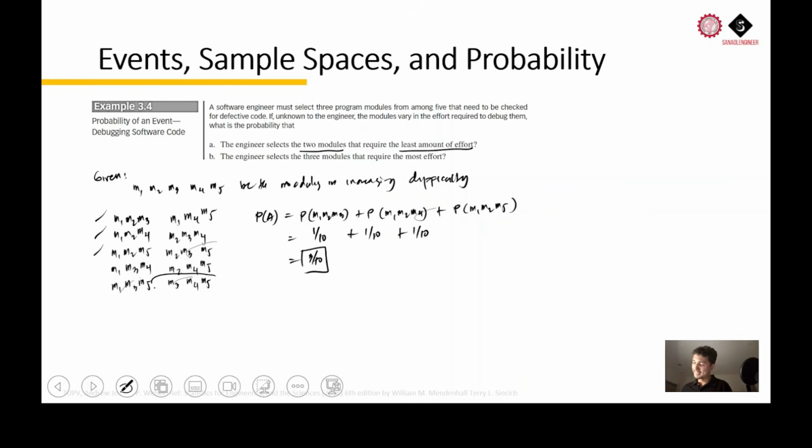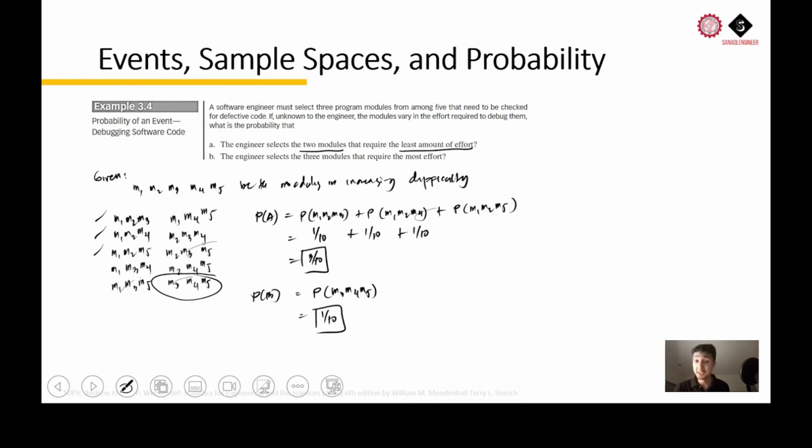And that event is this M3, M4, and M5. Therefore, the chance of that is 1 over 10. Let's write it down. The probability of event B is equal to the probability of selecting M3, M4, M5, and that is equal to 1 over 10. So there is a 10% chance of being unlucky. Okay?